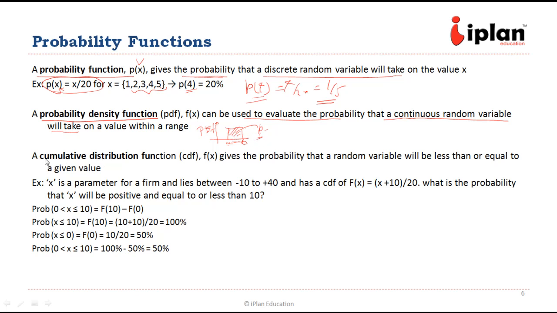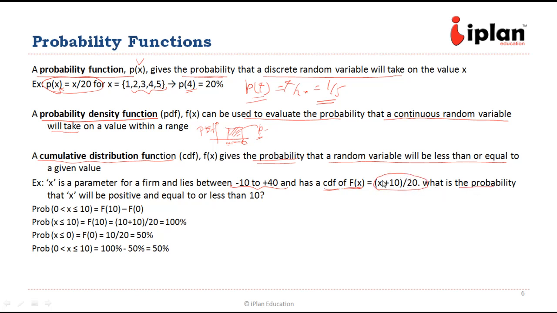Another important function is the cumulative distribution function. This gives us the probability that a random variable will be less than or equal to a particular value. Let us take an example. If x is a parameter which is defined for the values between -10 and 40, and its cumulative distribution function F(x) is defined as (x plus 10) divided by 20.